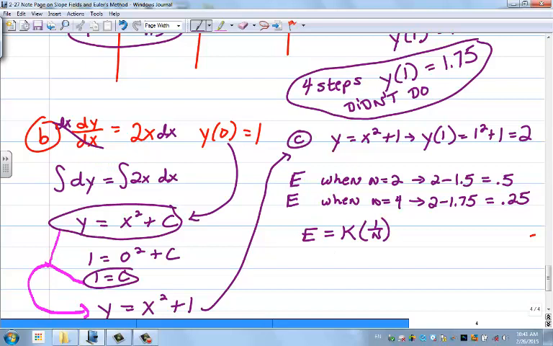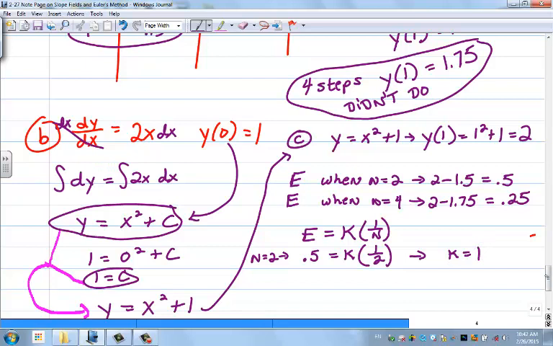So when n equals 2, the error is 0.5, and that's equal to k times 1 over 2. If I solve that, I get k equals 1. So our constant of proportionality is 1.